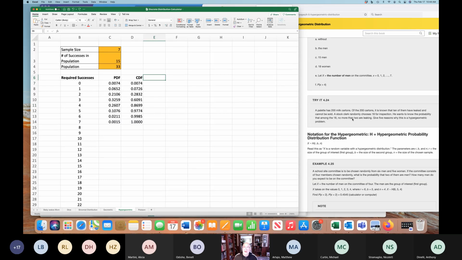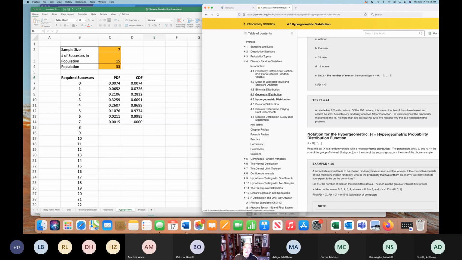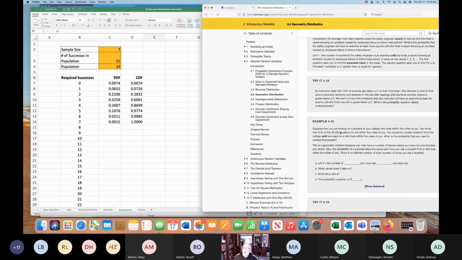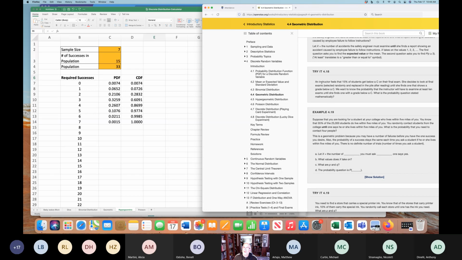All right, let's go back here and look at the geometric distribution. An instructor feels that 15% of the students get below a C on their final exam.